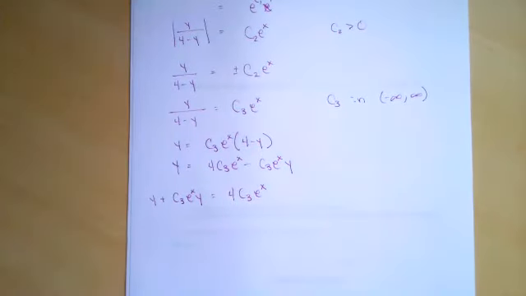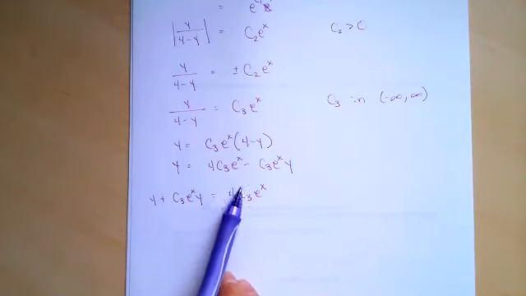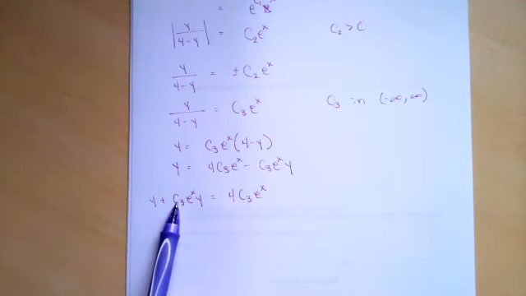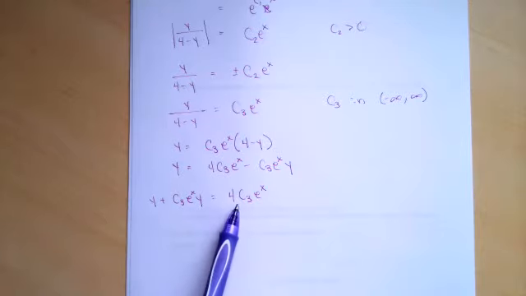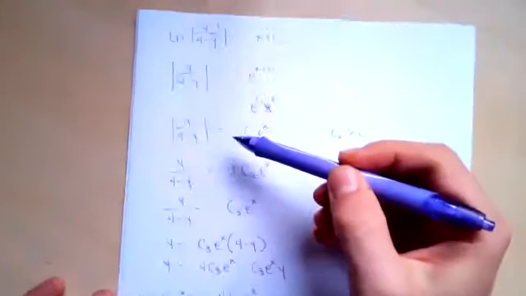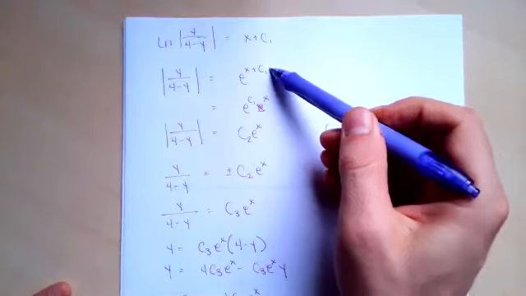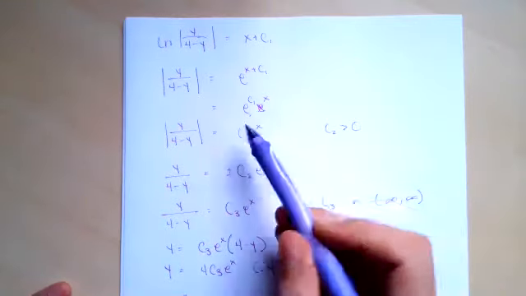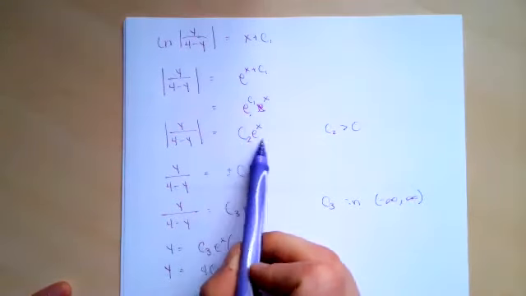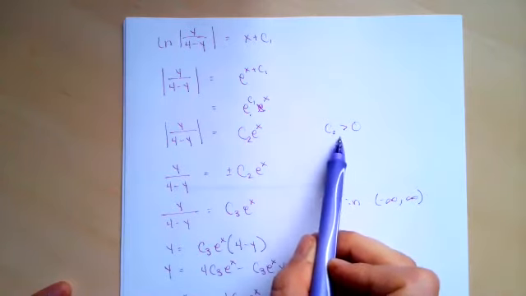And this is one of those cases where you do want to be careful with what you are labeling the constants, and why I haven't combined this 4 times c3. You could, if you want to combine this 4 times c3, it's still going to be a constant, but that constant is going to be different from that one. So this is where it's absolutely necessary to actually use a subscript. Whereas these ones up here, it's kind of like we're just substituting c1 for a different constant. This one, you could keep the same c just as a note that now it's only positive.